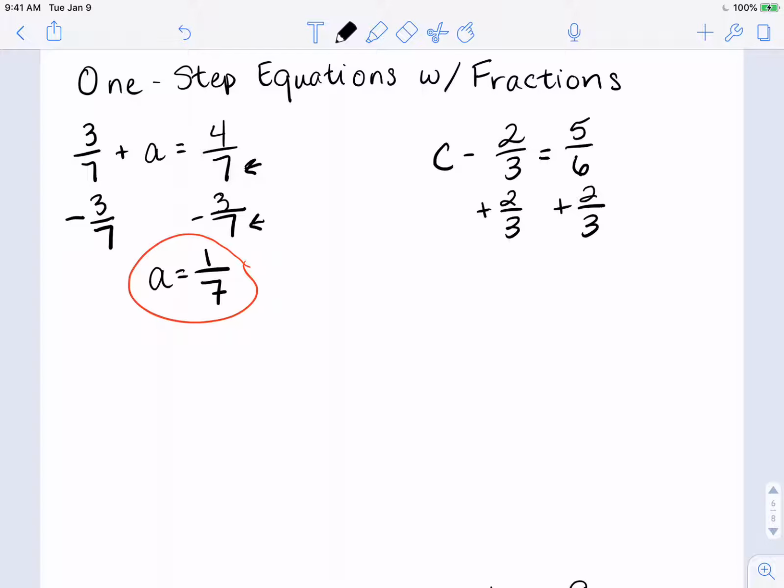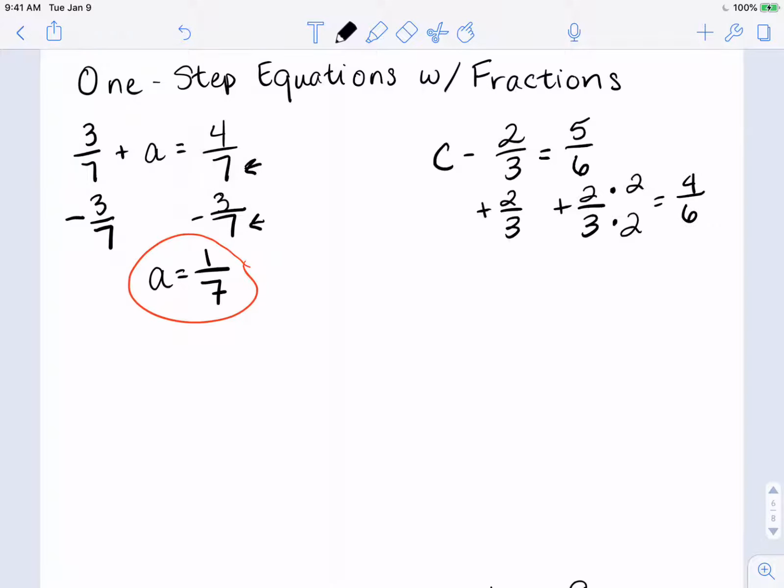If you look at 3 and you look at 6, 3 actually goes into 6 2 times. So what you do to get 6 as your common denominator is multiply both the numerator and denominator by 2, which gives you 2 times 2 is 4, and 3 times 2 is 6.